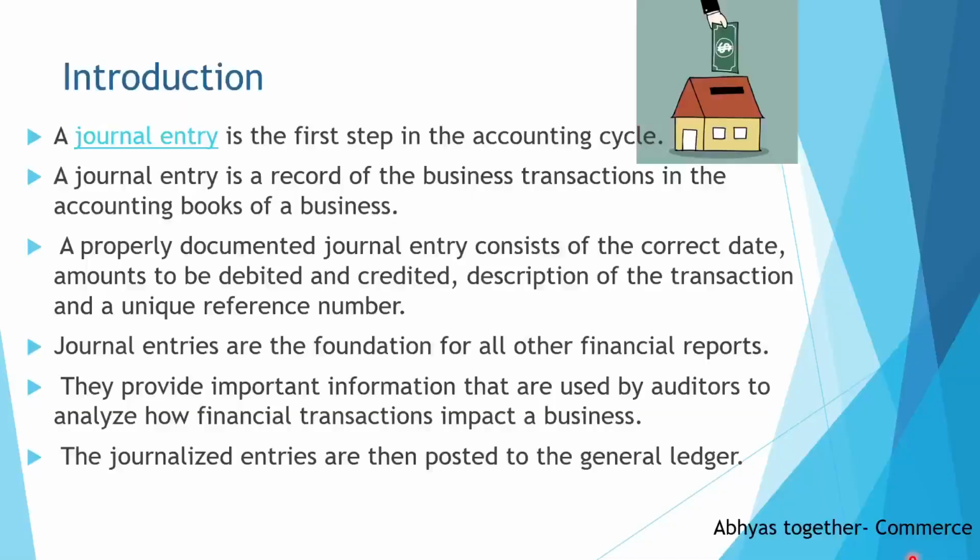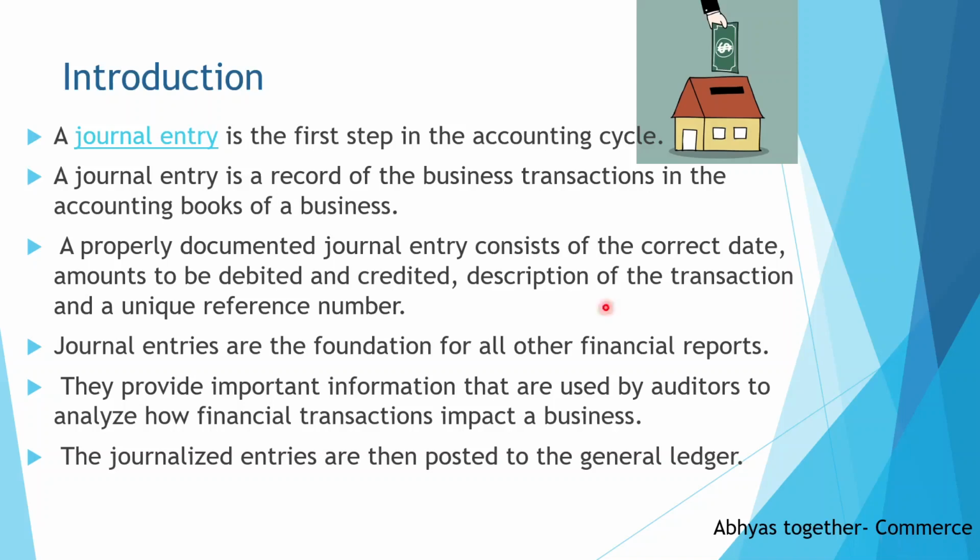It is the first step in the accounting cycle. In this, we record the everyday transactions in a systematic order, day-wise. We have the date column, and then we write the type of transaction that has taken place on that particular day, and the amount that we have spent or received.